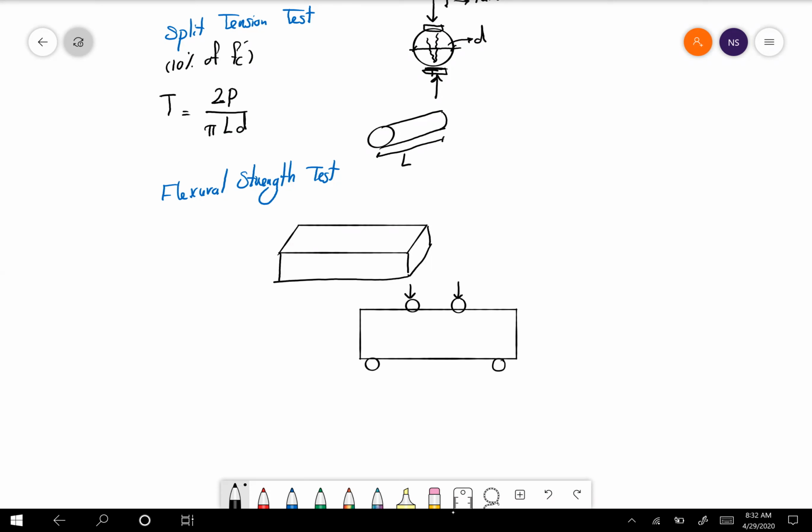So this is the load. And then once you start the loading process, you will see cracks start to initiate here at the bottom of the sample.